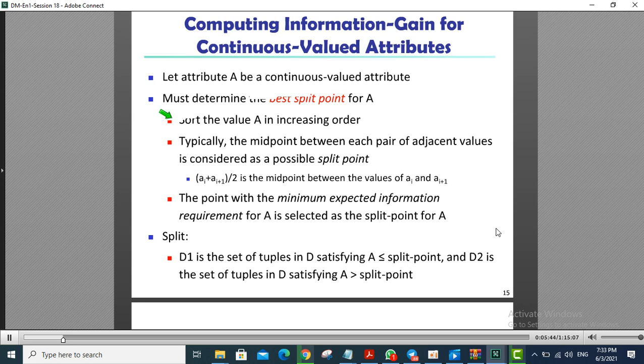Then maybe the first and easiest point for splitting is the midpoint. For example, if I have two values A_i and A_i+1, I can choose their midpoint according to this formula as a splitting point.